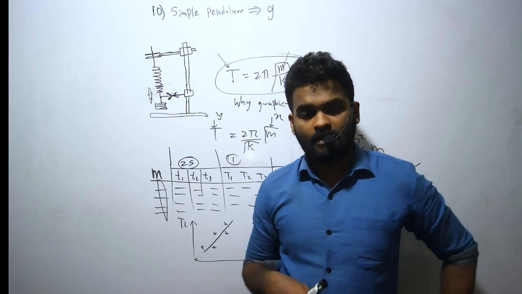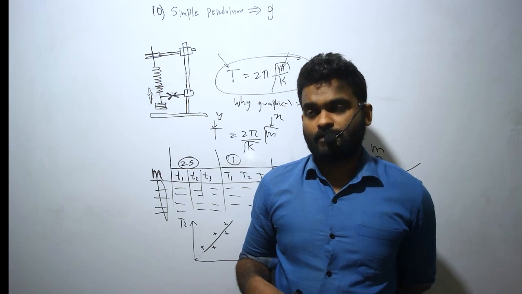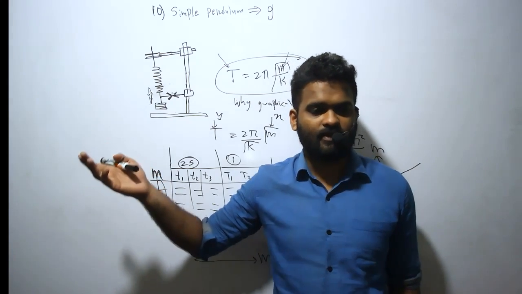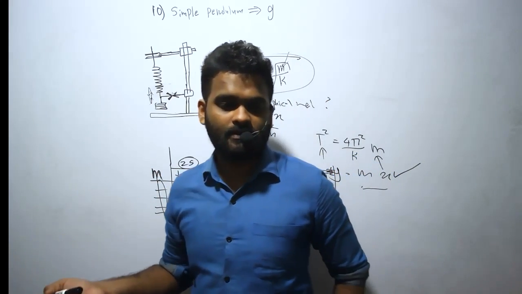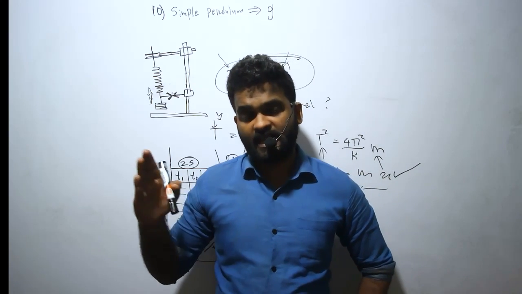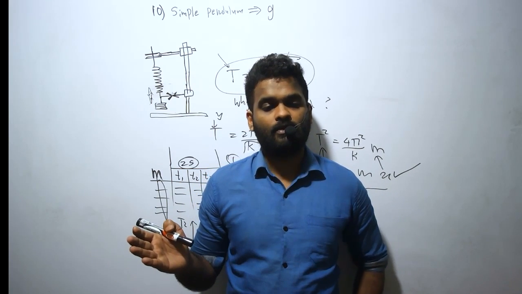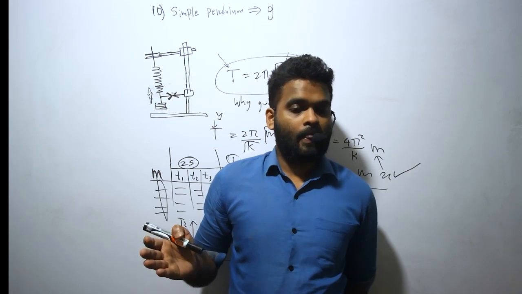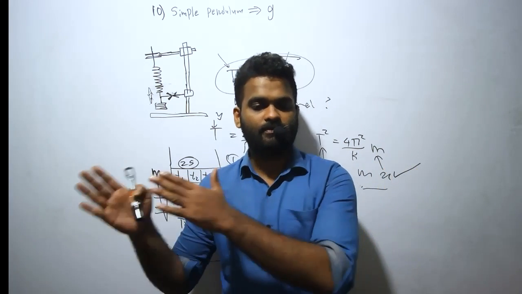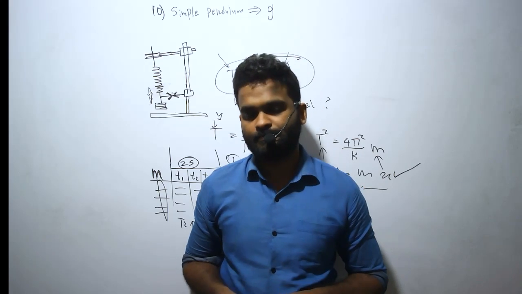There are two main parts of physics. That is theoretical physics, which is what we are doing when you are doing questions. Another part is experimental physics. When you are going for a PhD or something, those are two branches: experimental physics and theoretical physics.